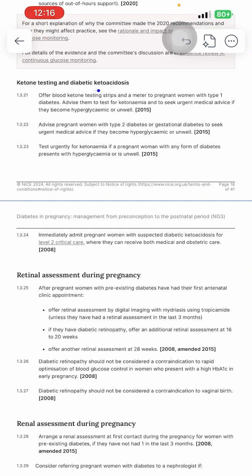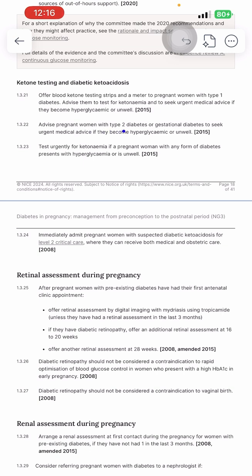Then ketone testing and diabetic ketoacidosis. Offer blood ketone testing strips and a meter to pregnant women with type 1 diabetes mellitus. Advise them to test for ketonemia and to seek urgent medical advice if they become hyperglycemic or unwell. DKA occurs most commonly with type 1 diabetes mellitus.